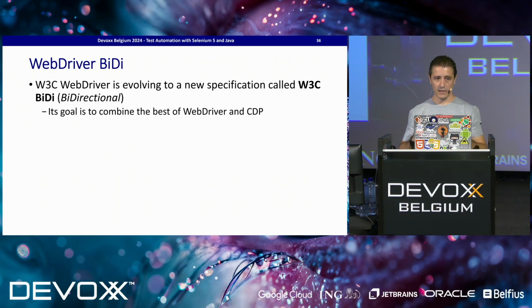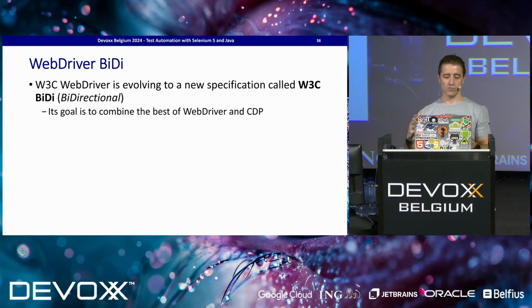So yeah, I believe that standards are a great force for the web, like it happened from the very beginning with HTTP and HTML. I believe that the web requires standards to make an agreement on what we want and what we want to implement. So this is happening now. This WebDriver BiDi specification is being created.